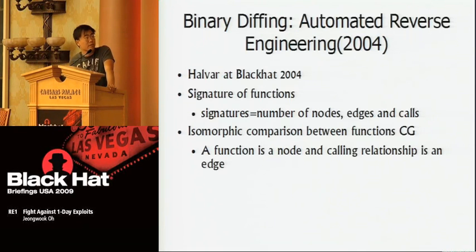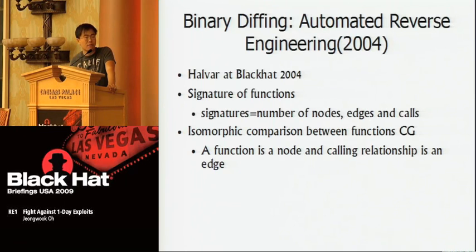After that, 5 years later, there was a Black Hat talk in 2004 by Halvar. I'm not sure the name is Halvar, I'm just assuming that it is. He gave a talk about reverse engineering, and a few slides contained some material about binary diffing, using signatures of functions.